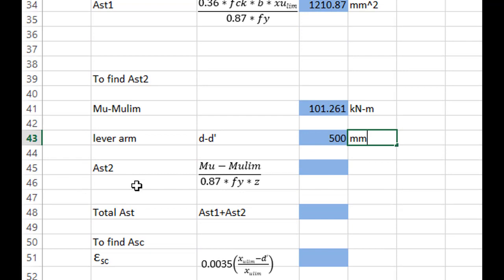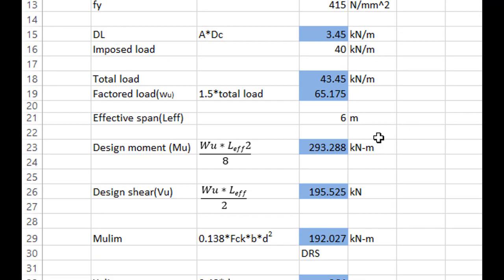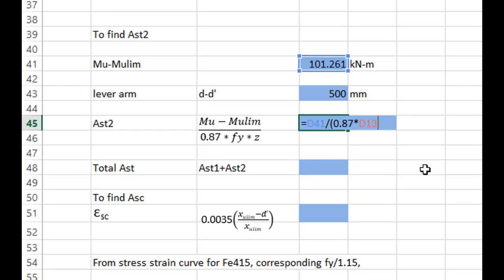Then we have to calculate the AST2 by using this formula: Mu minus Mu lim divided by 0.87 into Fy into lever arm, which is Z, we have calculated over here. So Mu minus Mu lim we have already calculated. So let me put an equal to sign here, equal to this divided by bracket 0.87 into Fy is again 415 into lever arm is this value.